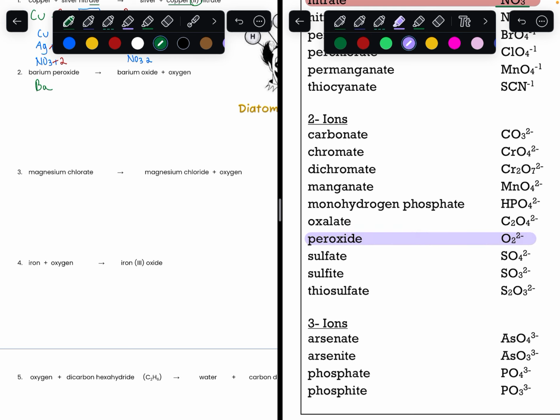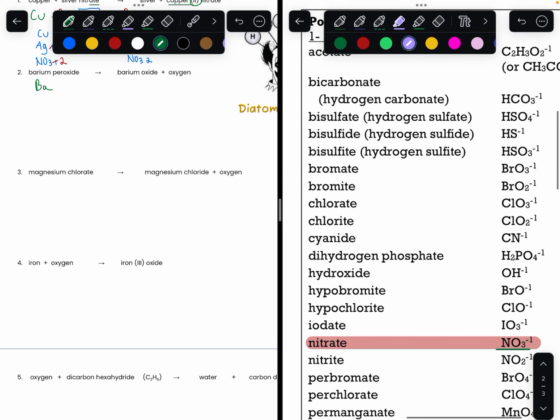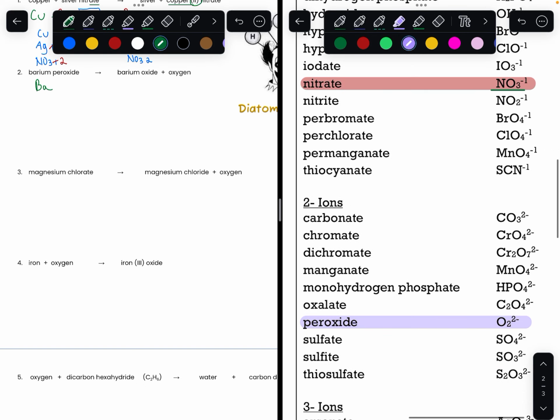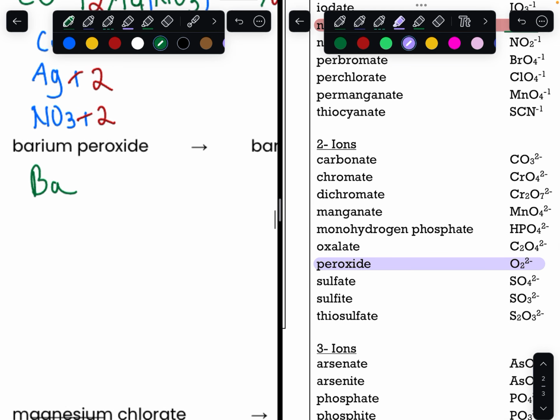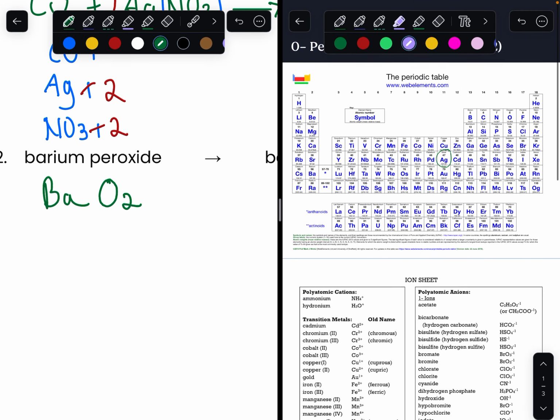So it kind of is similar to a hydroxide ending in IDE, just with a -2 charge and with 2 oxygens instead of an O and an H. So that is going to be our anion that we're pairing up with barium here. And so I'm just going to go ahead and write that down. All right. So there is our peroxide anion. Again, it's a little weird because it ends in "ide", and usually they don't on the back, but that's just a special case.